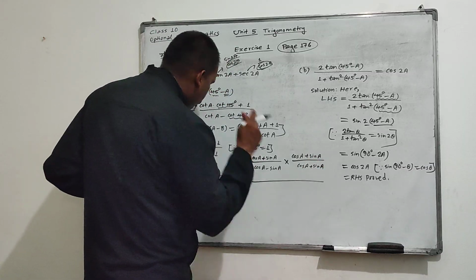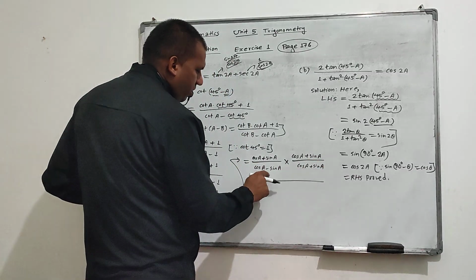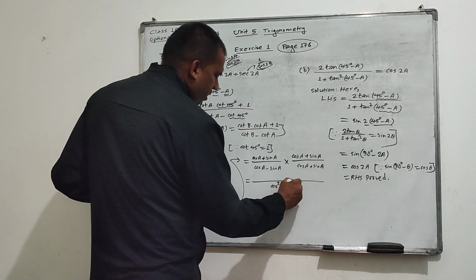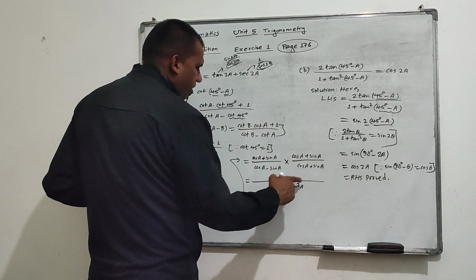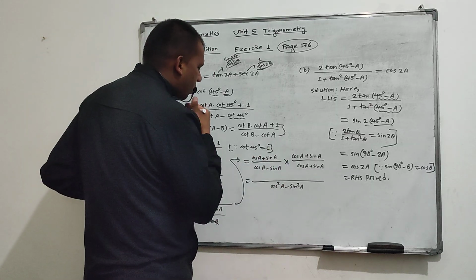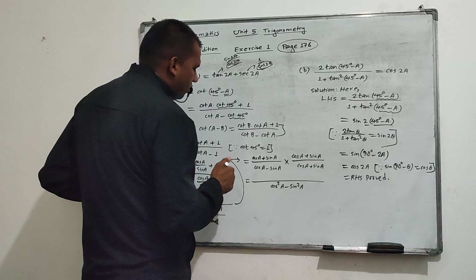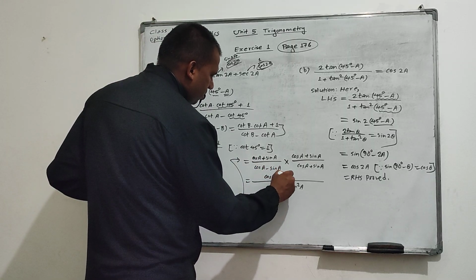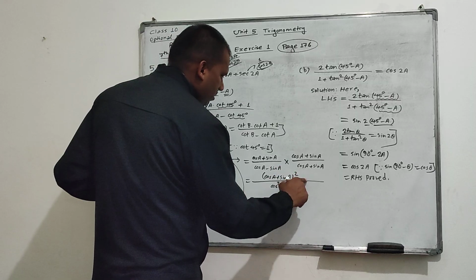Denominator: (cos A plus sin A)(cos A minus sin A) makes cos square A minus sin square A, as (A plus B)(A minus B) is A square minus B square. Upper part: (cos A plus sin A) times (cos A plus sin A) makes (cos A plus sin A) whole square.